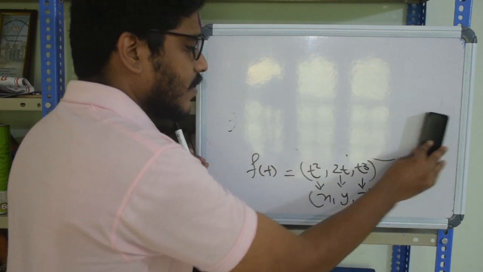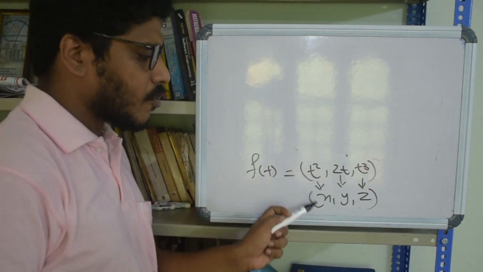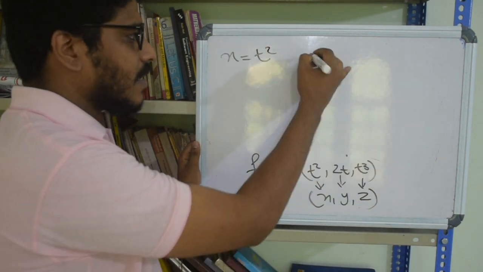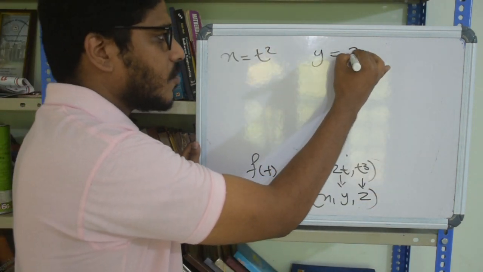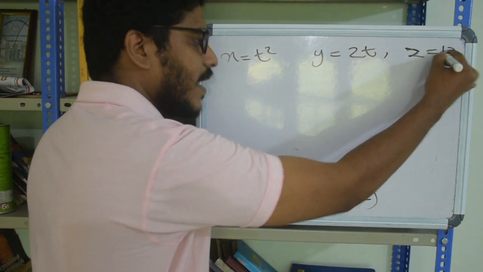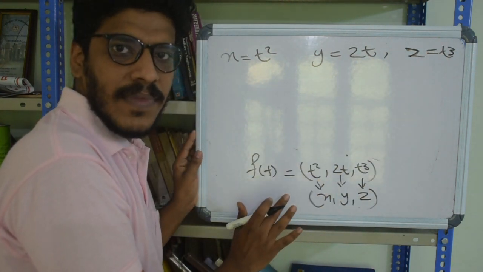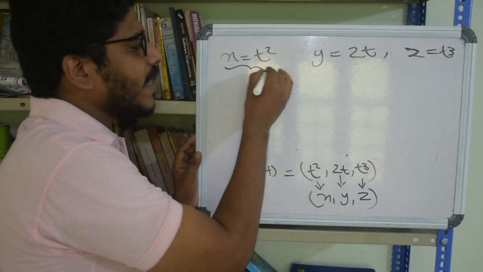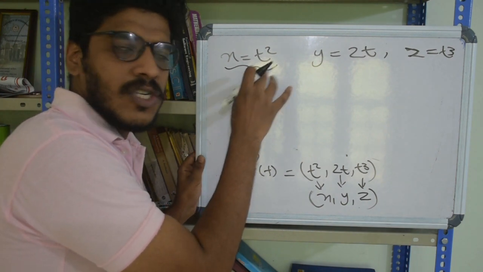As a graphing technique here, we choose the first element to be x. So x is chosen to be t squared, y is chosen to be 2t, and z is chosen to be t cubed in this particular example. You can observe that x is now a function of t.